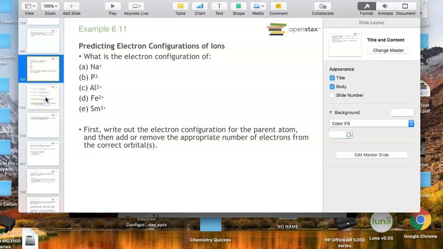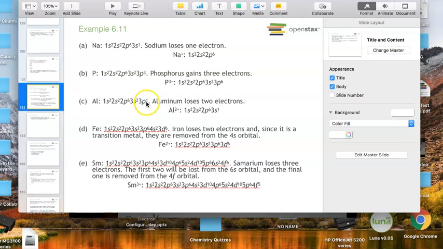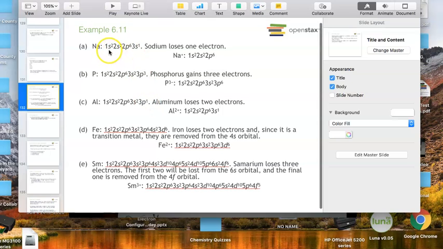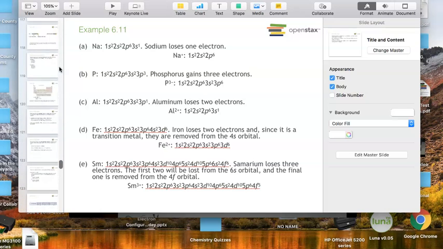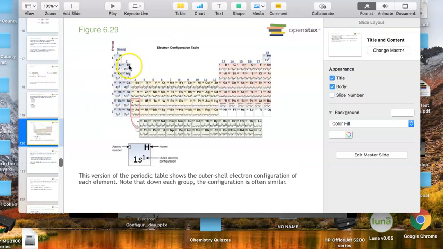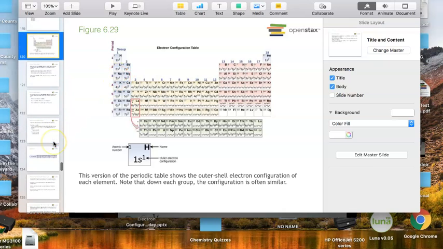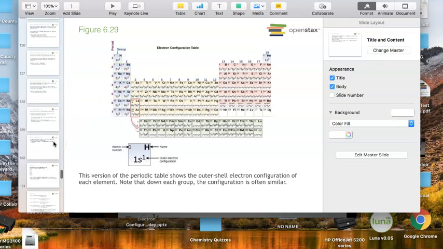The electron configuration for sodium is 1s2, 2s2, 2p6, 3s1. That's the ground state electron configuration for sodium.